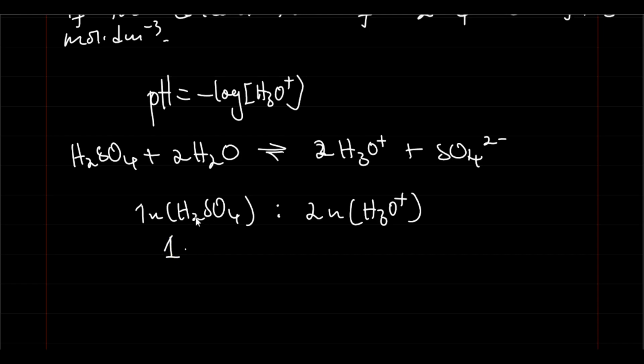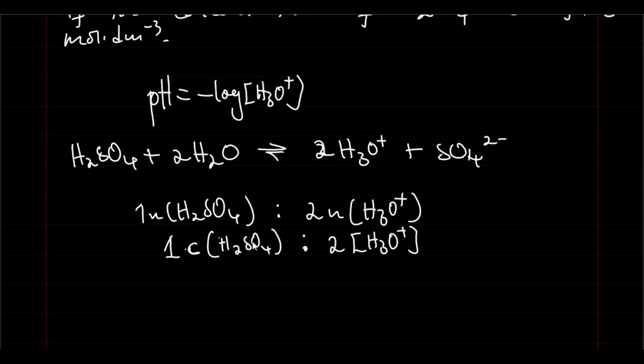For every 1 mole per dm cubed concentration of sulfuric acid, 2 hydronium ions will be formed.